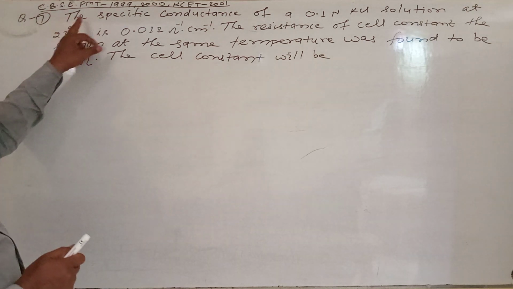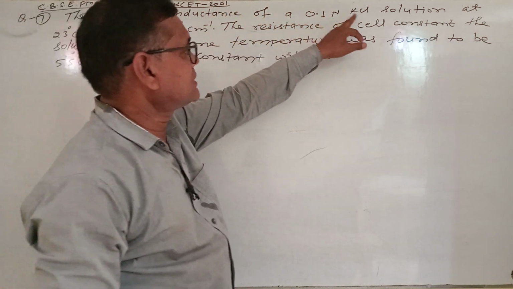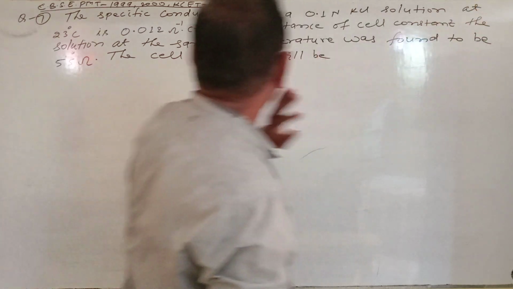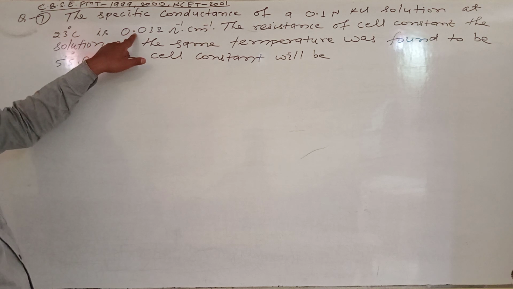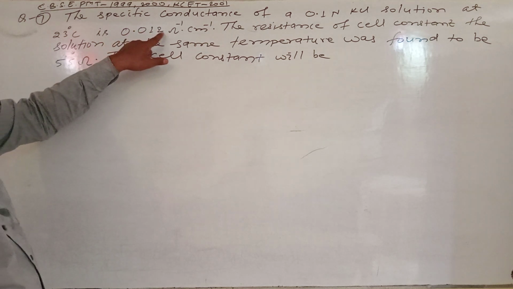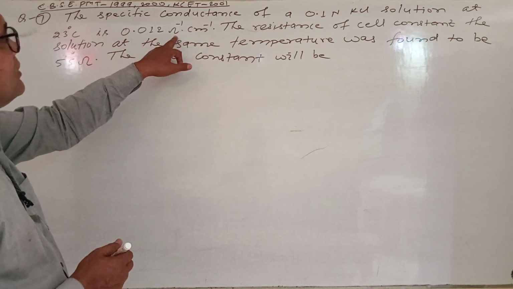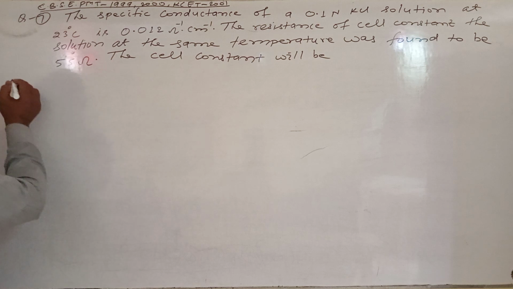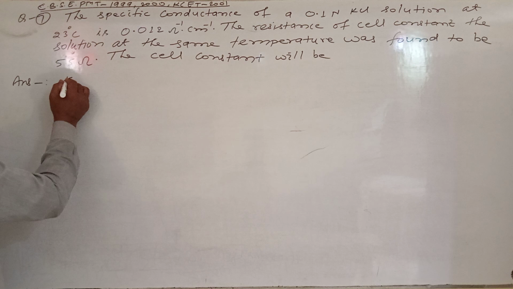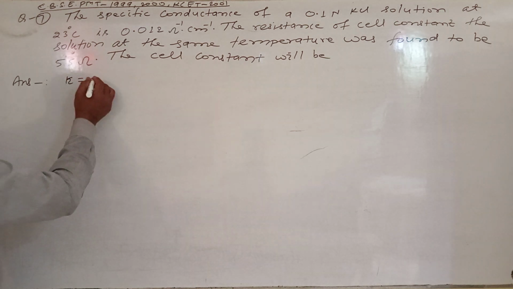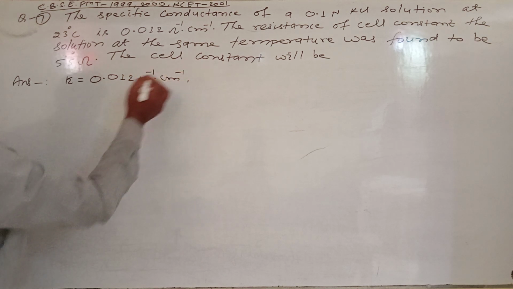Question asked the specific conductance of a 0.1 N KCl solution at 23 degrees Celsius is 0.012 Siemens inverse cm inverse. It is the value of specific conductance. Here we write the symbol of specific conductance kappa is equal to 0.012 ohm inverse cm inverse.